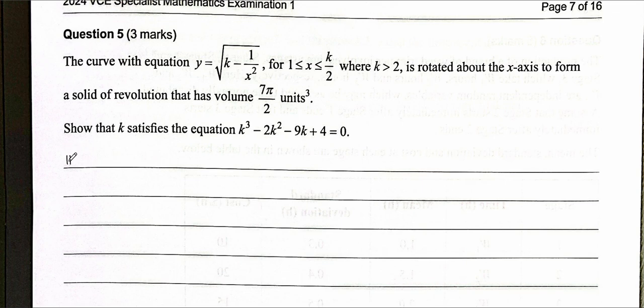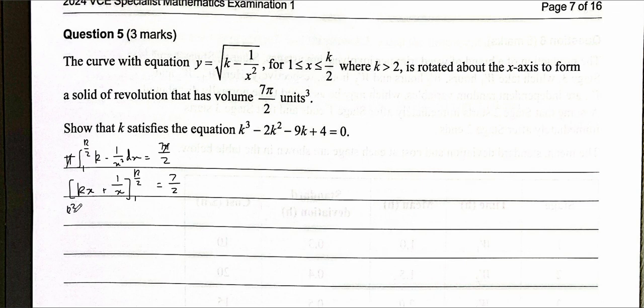All right, so pi times the integral from 1 to k on 2 of y squared, which is (k minus 1 over x) squared dx, is equal to 7 pi on 2. Cancel out the pi's. We get that kx plus 1 over x, from 1 to k on 2, is equal to 7 on 2.